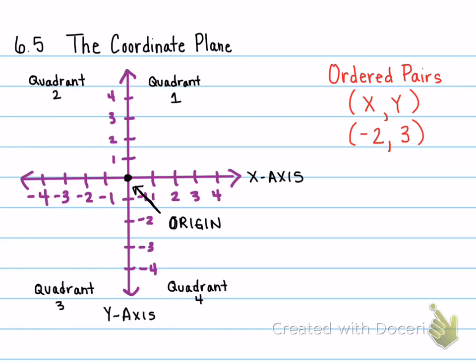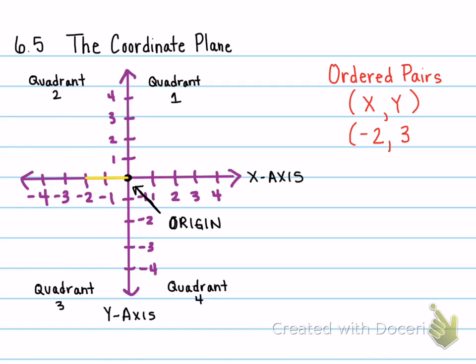I'm going to draw the movements using yellow. You move from the origin to -2 on the x-axis, because my first value is x, and that's -2. So starting at the origin, I move that way.